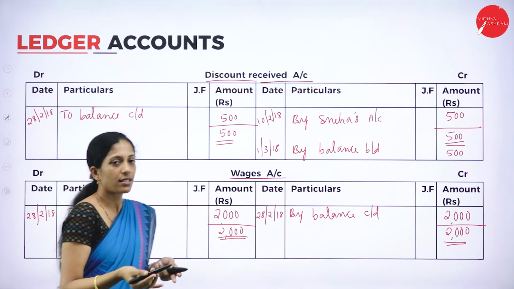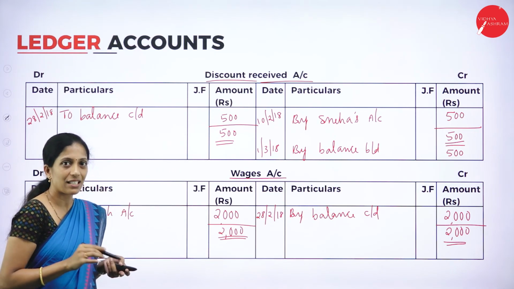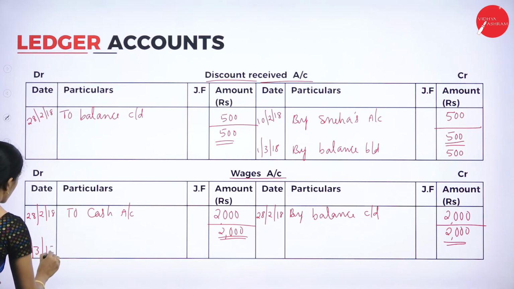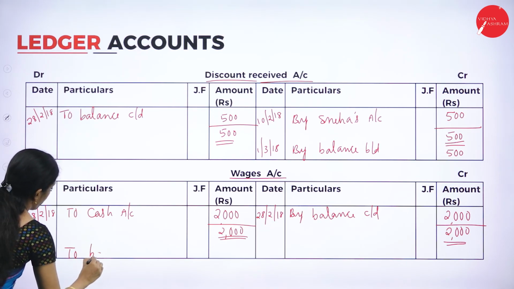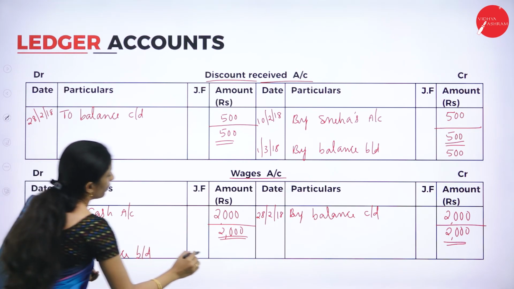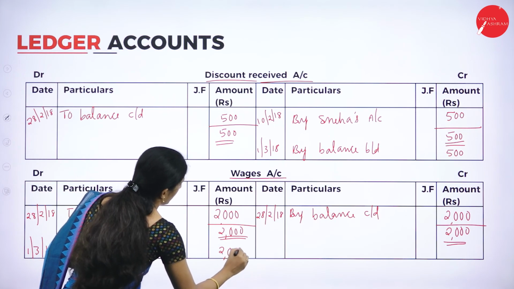Once the balance is carried down, you have to bring down that balance at the beginning of next month. That is 1/3/2018, to balance brought down. How much? That is 2,000.